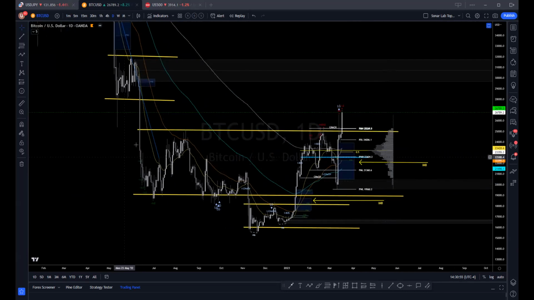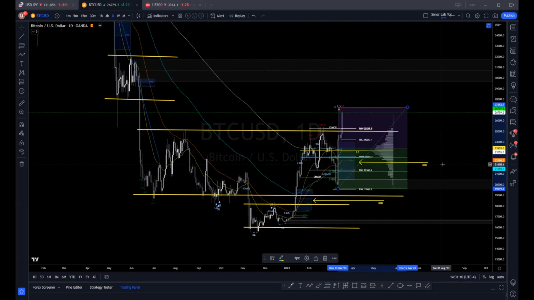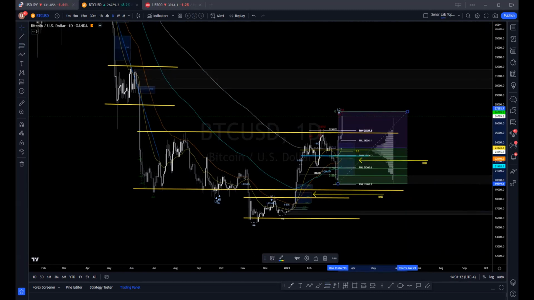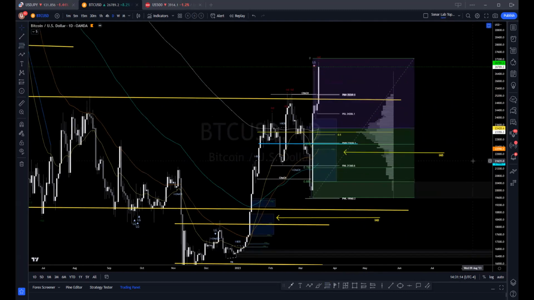I put this range here because this is how Bitcoin moves. It's in a range. So with this swing high and this swing low, I'm looking for Bitcoin to pull back as much as 23,400. This is what I'm looking for.